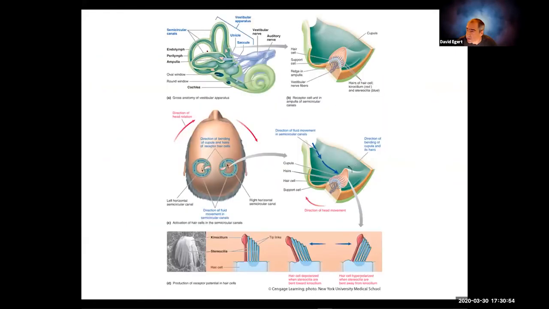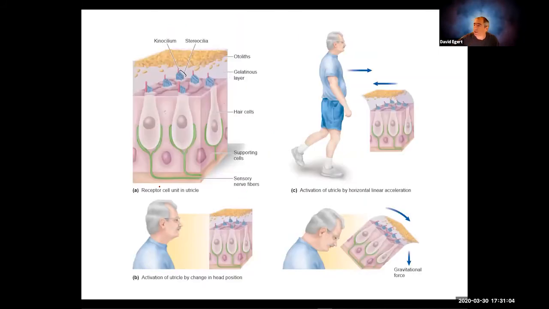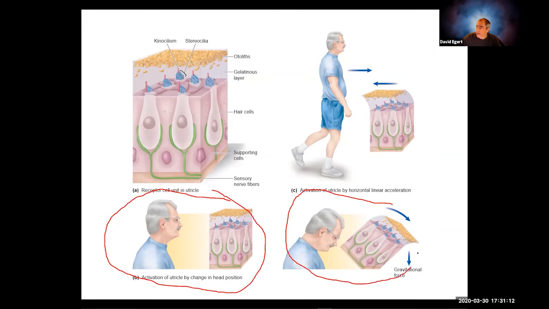So for the semicircular canals, it was about the spinning of your head. But now when we go to the little otoliths in the saccular macula and the utricular macula, as you tilt your head with respect to gravity, the little stones are going to get pulled.